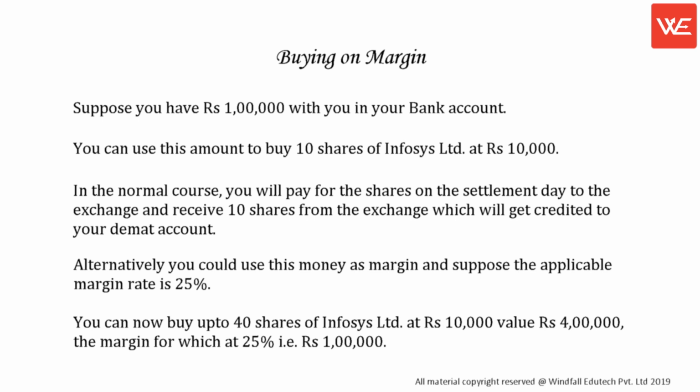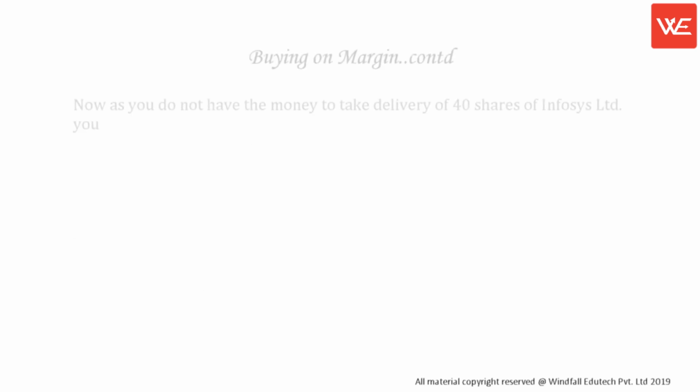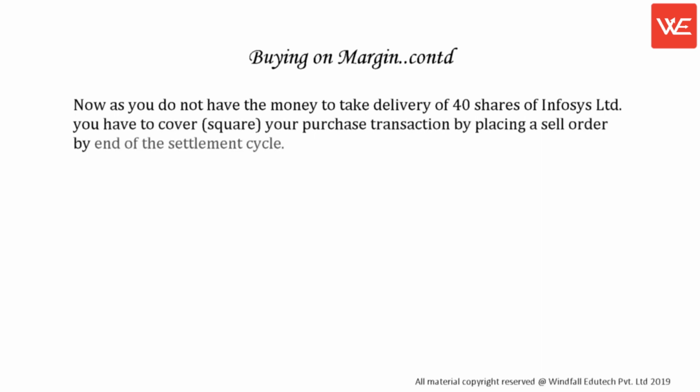You can now buy up to 40 shares of Infosys Limited at 10,000 rupees, value rupees 4 lakh, the margin for which at 25% is rupees 1 lakh. Now, as you do not have the money to take delivery of 40 shares of Infosys Limited, you have to cover square your purchase transaction by placing a sell order by the end of the settlement cycle.